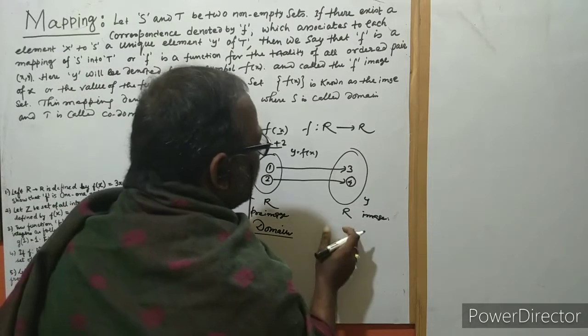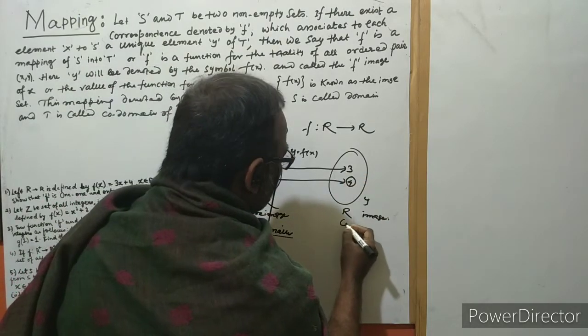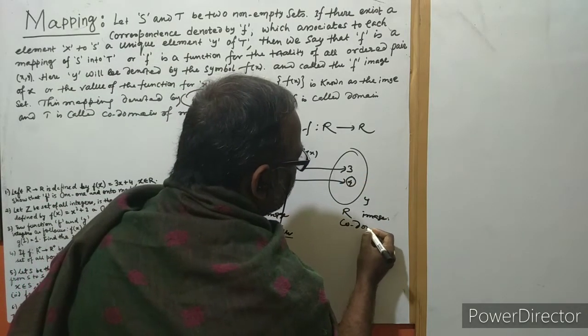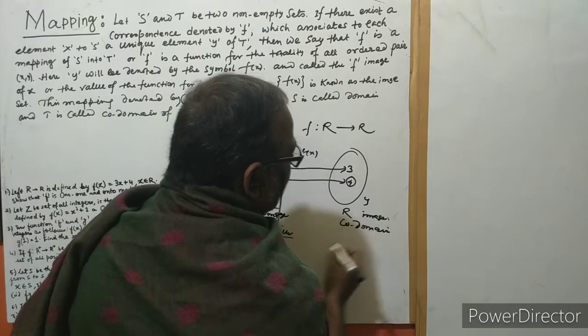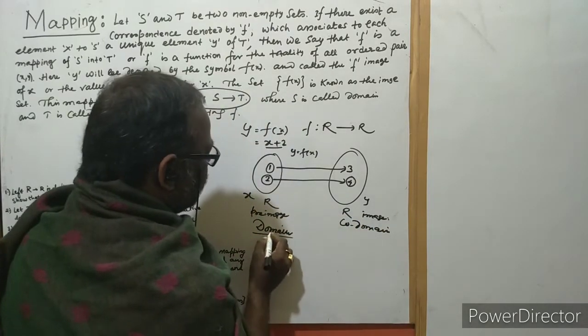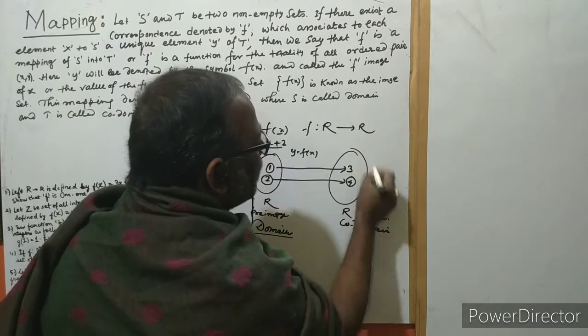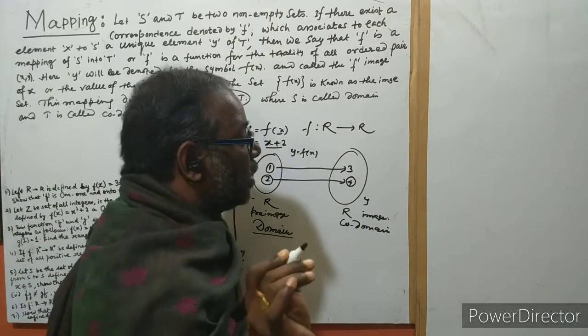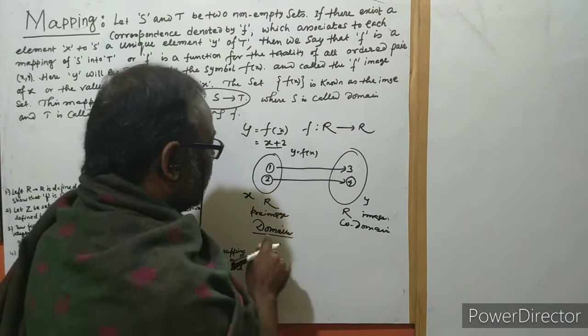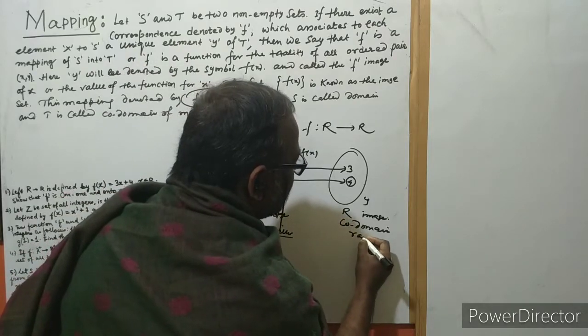And this is called the codomain. Some part of the codomain is called the image, or range.